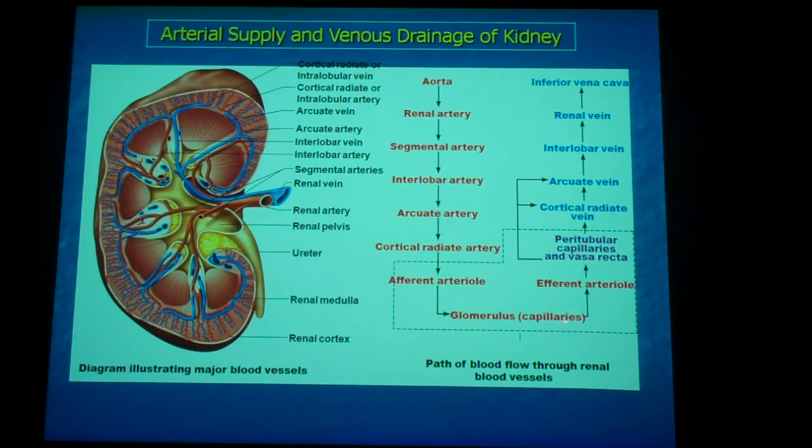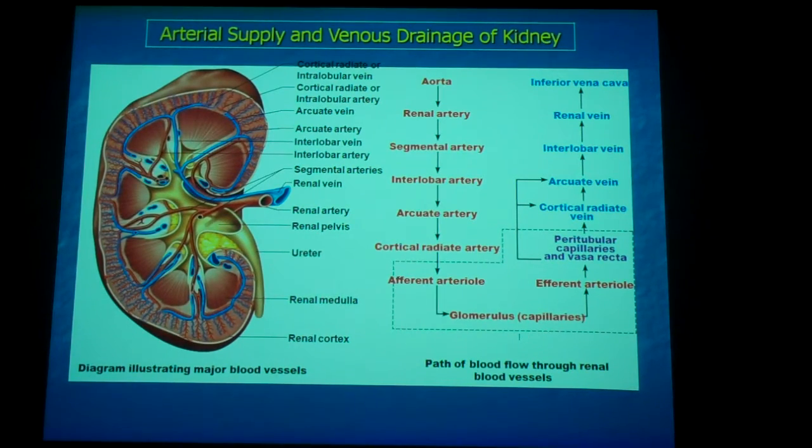Now, remember I told you that the kidneys are unique in that these capillaries here are drained by another arteriole, not a venule. Most capillaries, in fact all capillaries elsewhere in the body, are drained by venules, but this one is drained by an arteriole, and as I told you, there's a reason for that we'll explain later.